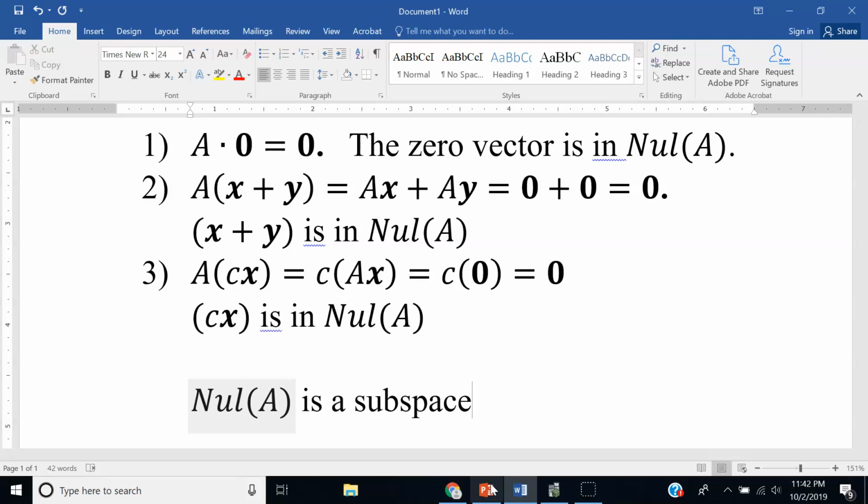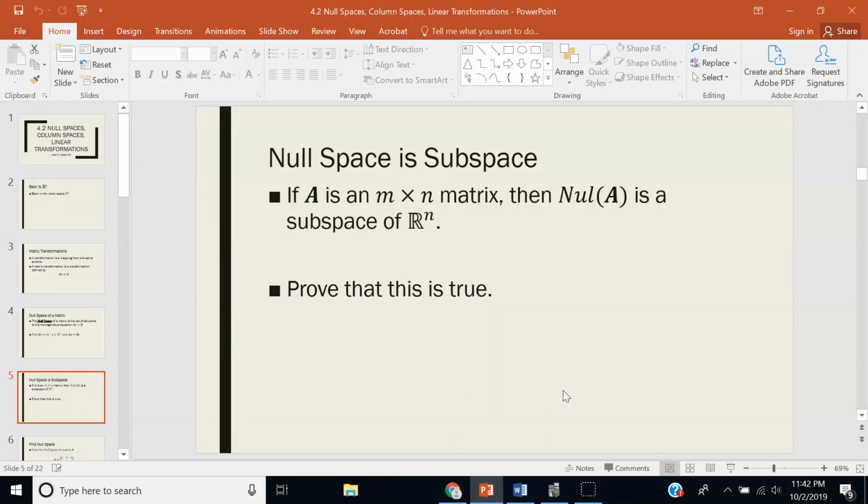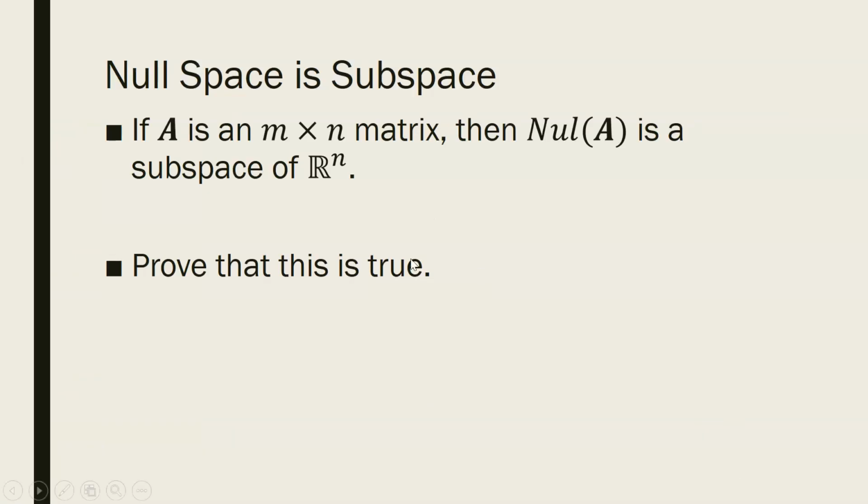Okay, so that's it. That proves that no matter what A is, the null space of A is a subspace of Rn.